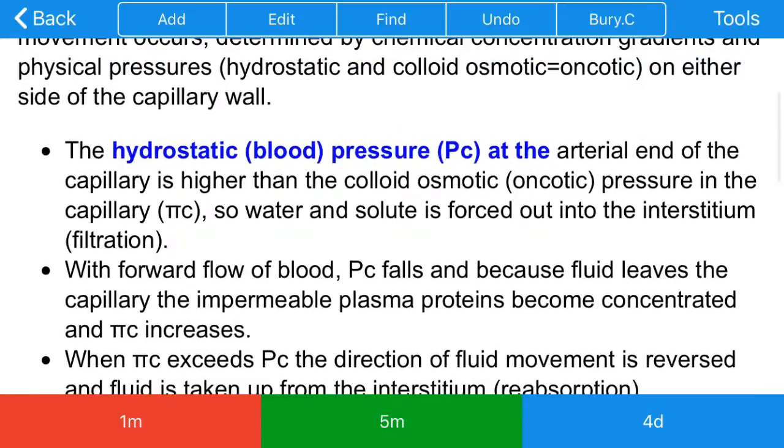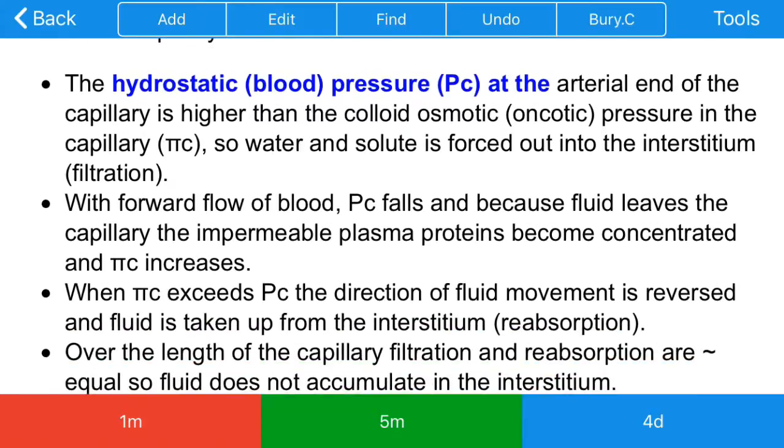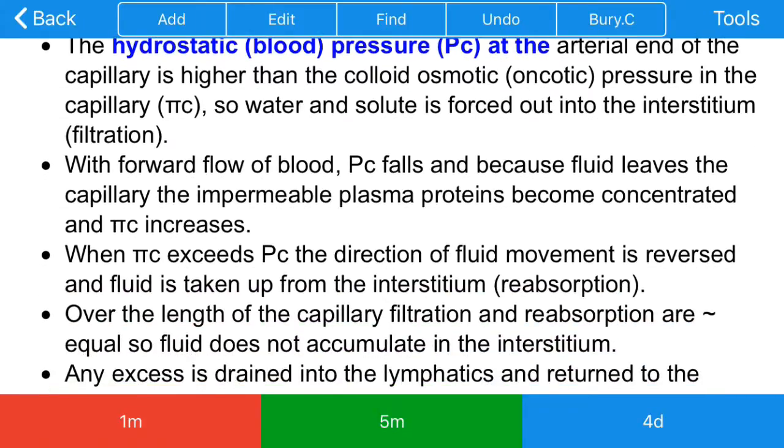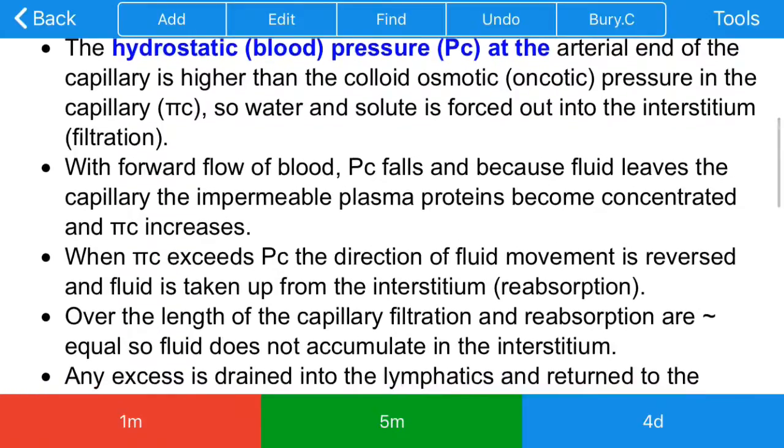Yeah, blood pressure. Hydrostatic blood pressure, PC. I don't know why it's PC. Anyway, pressure of capillary, right? I was going to subscript the C based on the answer, but I'm not sure. I guess that's why I didn't subscript it in the first place.